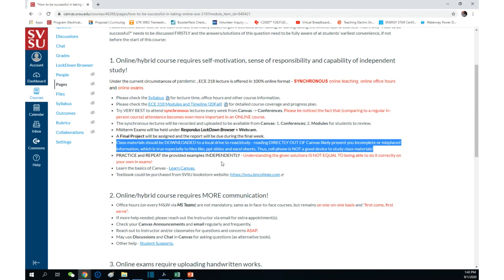Remember this, because you don't want to be confused or misled by incorrectly opened files. Most of them are time sensitive, right? If you misalign the time cells, that's serious. So don't use your cell phone if possible.